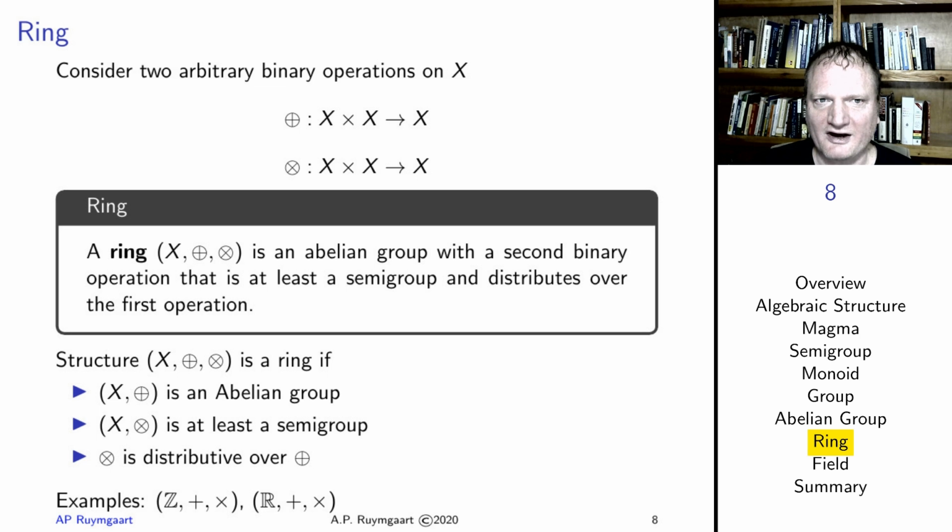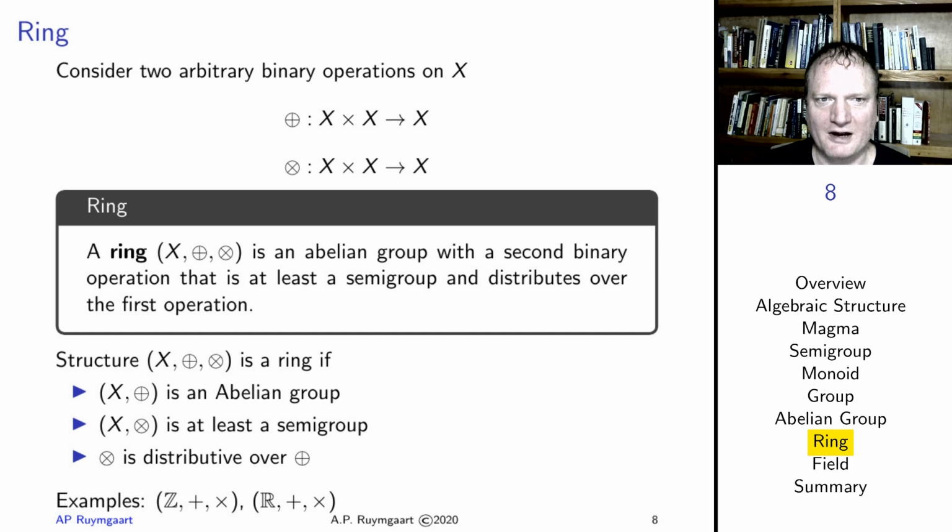So far we have been describing algebraic structures that consisted of a set X along with a single operation defined on that set X. Now let's consider two arbitrary binary operations defined on X. The operation O plus and the operation O times.